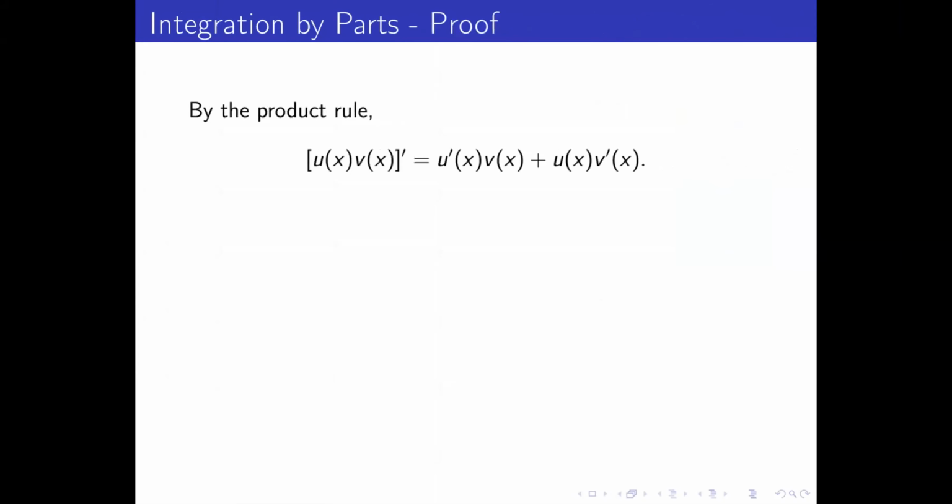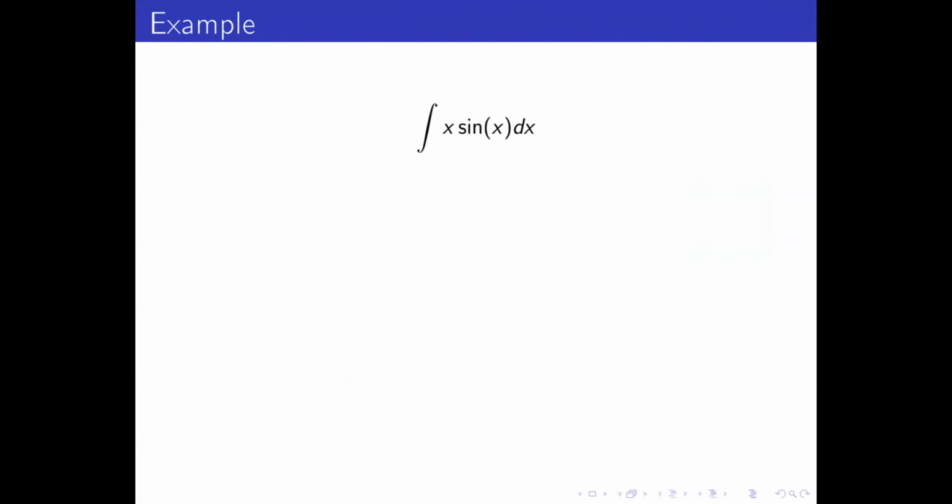So let's do this example here. Try to find u and v so that uv' is exactly what we have here, x sine x, and vu' is something simpler. If you find u and v, then let me know.